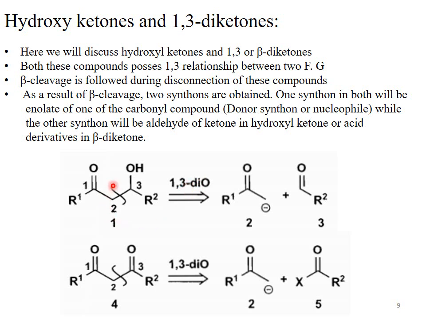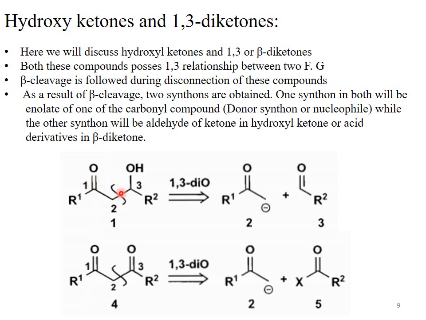So remember, we have two compounds, the hydroxy ketone and the 1,3 diketone. See compound 1. This is the hydroxy ketone. When the beta bond is disconnected, the carbonyl carbon is carbon number 1. This is carbon number 2, the alpha carbon. This is carbon number 3, the beta carbon. The bond between the alpha and beta carbon is cleaved. So this is called a 1,3 diO bond cleaved.